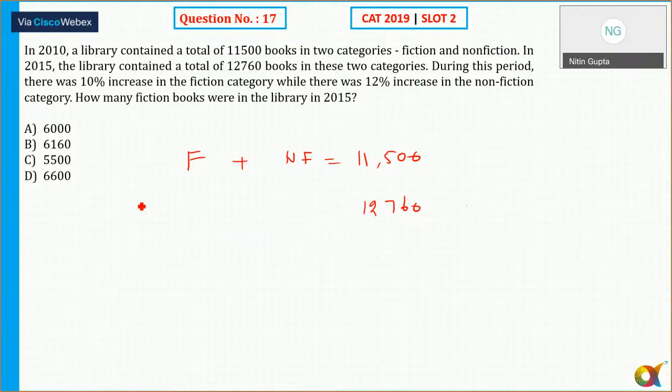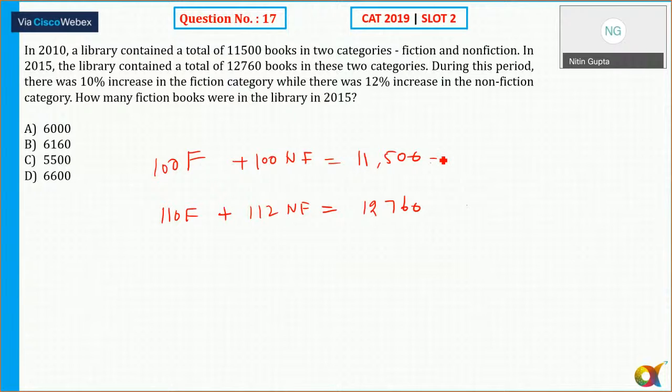During this period, there was an increase in the fiction category by 10%. Okay, fiction category, there is an increase of 10%. So it's 100F and 100 non-fiction, 100 NF. The equation will be very much easy. And increase of 10%, so 110F plus increase of 12% in the non-fiction, so 112NF equal to this here. So I just need to solve these two equations here, nothing more than that.